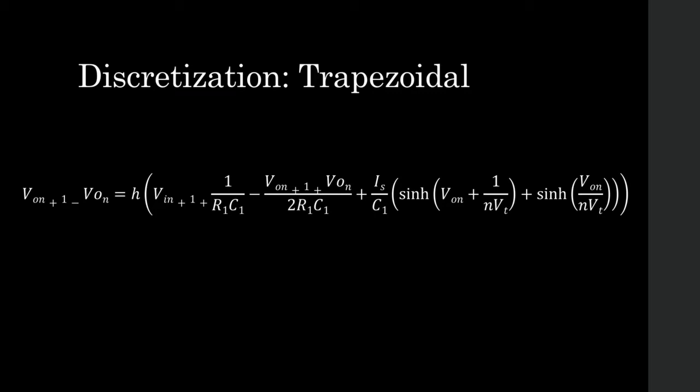Once you have that equation, you're not out of the woods yet, because it's not an analytical equation. You can't just solve for the output. I should have said that first: the output, VO, is what we want to estimate.